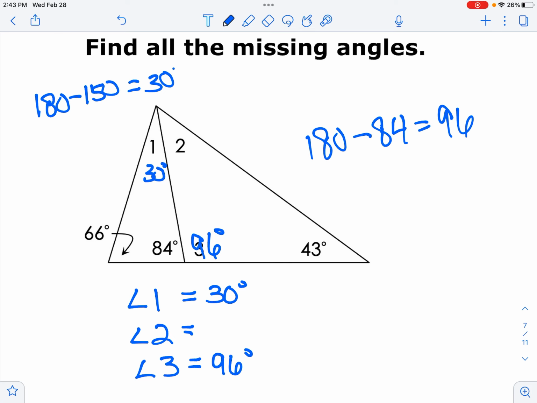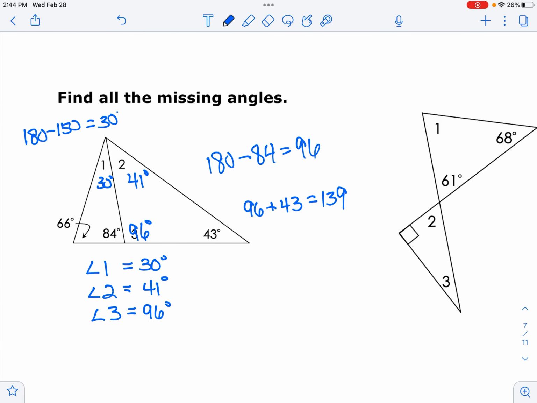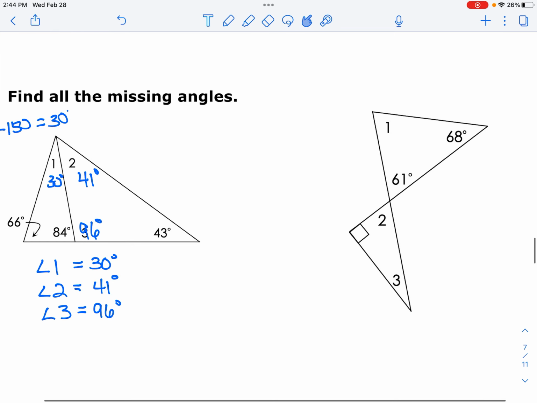If I add those together, I get 139. If I take that away from 180, I get 41. So that means angle 2 has to be 41 degrees. Now we've found angle 1, 2, and 3, just using the triangle sum theorem. Hopefully that makes sense. All right, let's try this one.